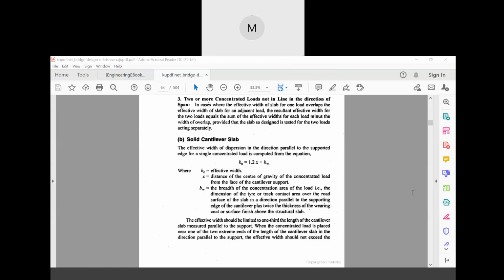Now if you can see, the effective width, that is the BE, should be limited to 1/3 of the length of the cantilever slab, that is measured parallel to the support. That means the slab which is present.